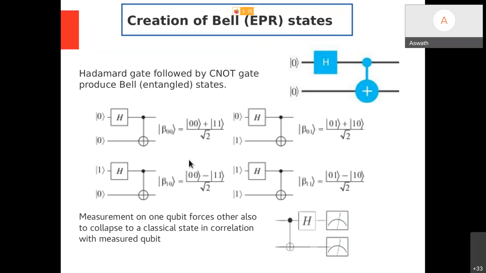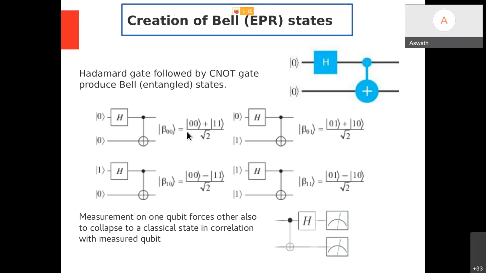If you do something with the atom in Hyderabad, the atom in Bangalore is also going to show some kind of change, right? What I mean is, if I observe atom A and it falls into the zero state, meaning ground state, atom B also falls into the zero state. The measurement in Hyderabad forces the atom in Bangalore also to fall to the ground state. So this is called entanglement.